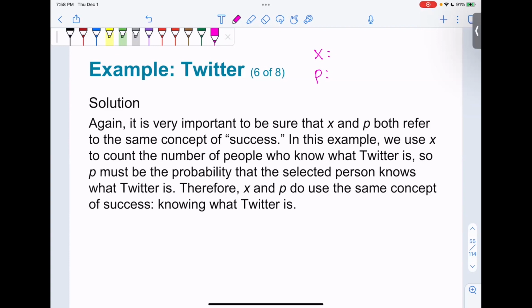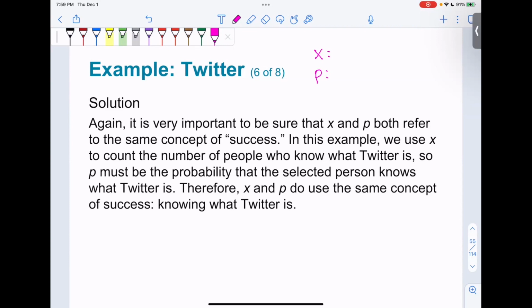Here, x is the number of people who say yes, we know Twitter, and p is the probability that each single person says yes. Because p is the probability of success in one trial, where each person we ask yes or no, and the probability he will say yes equals 0.85.